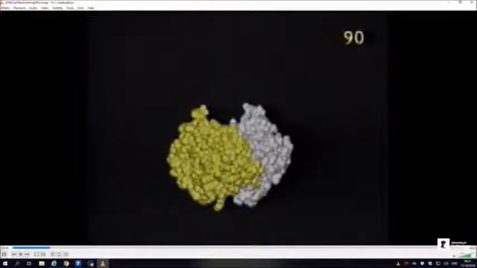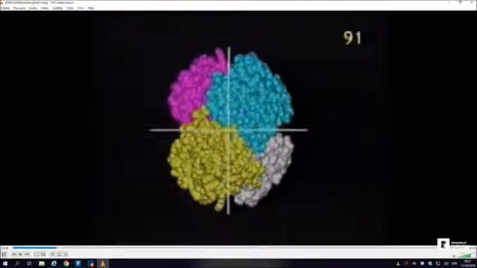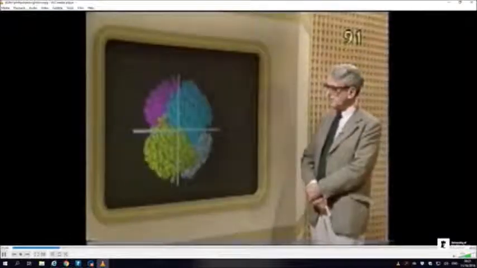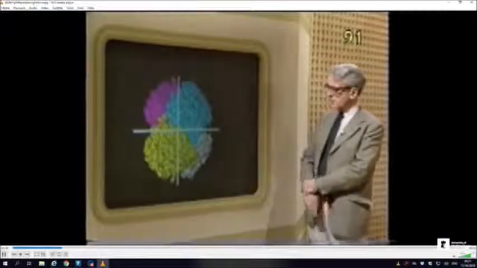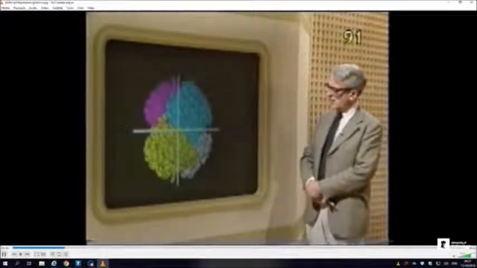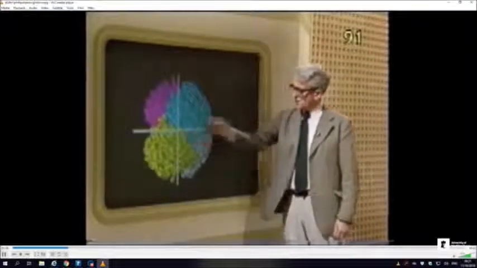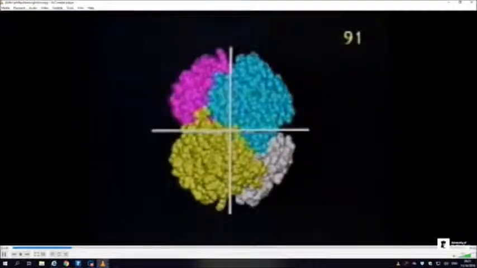This pair associates with another identical pair to form the tetrameric molecule, which you see here. This molecule has quite high symmetry. There are two approximate axes of symmetry relating alpha and beta subunits, and there is a real axis of symmetry shown at right angles to this diagram, which relates the two alpha subunits and the two beta subunits.